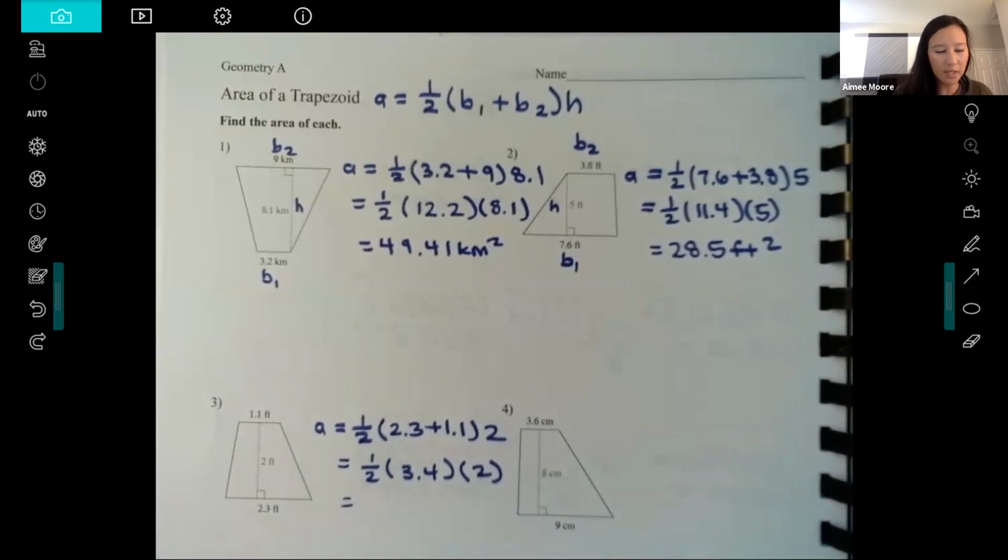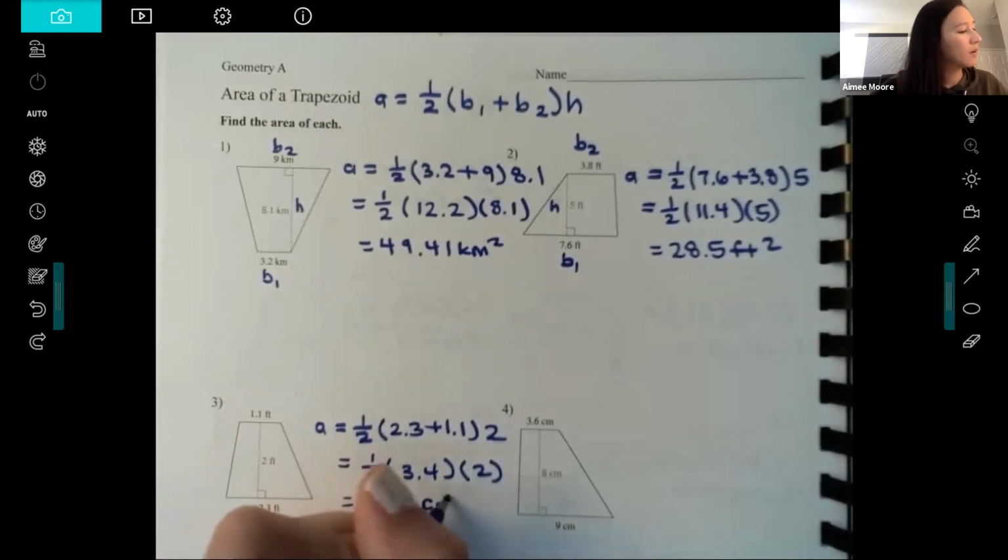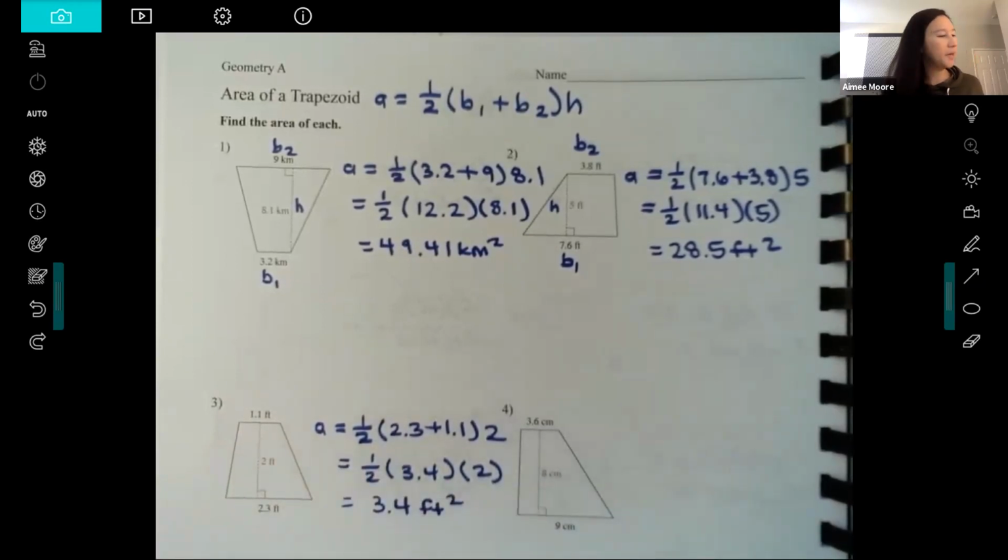Try 1.7 times 2 again. Should give you something else. Oh, 3.4. Good job. That's exactly right. Very good.